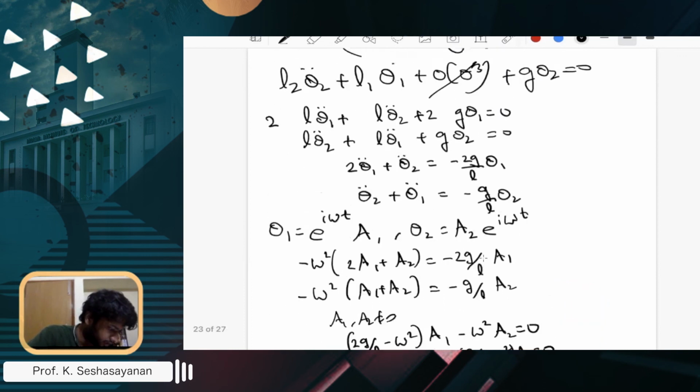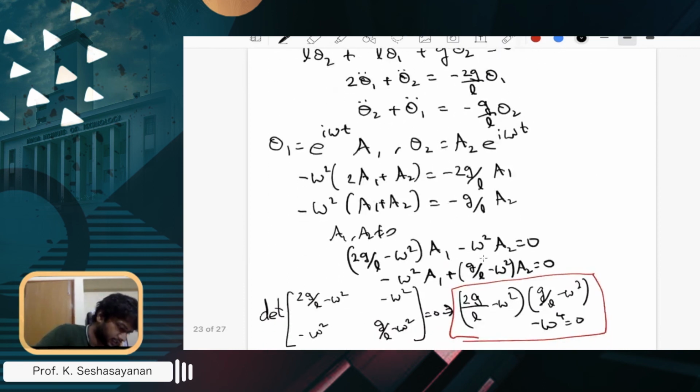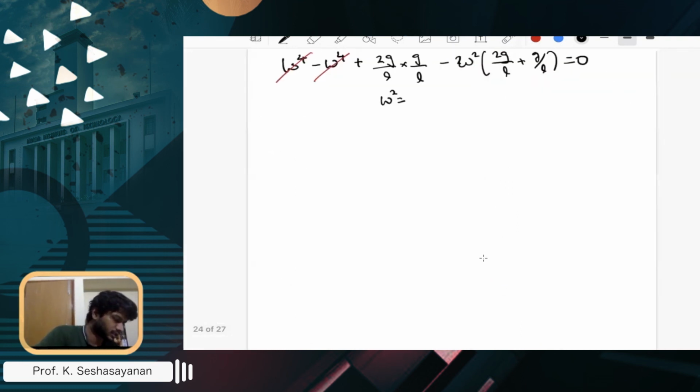Maybe it is possible. Yes, there's a mistake somewhere. There's a minus 2 here. There's a minus 2 here. And did I make any other mistake? No, okay, it is fine. So yes, one should be careful. So this is not exactly 0.